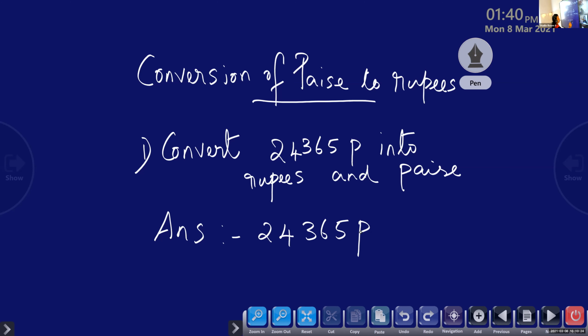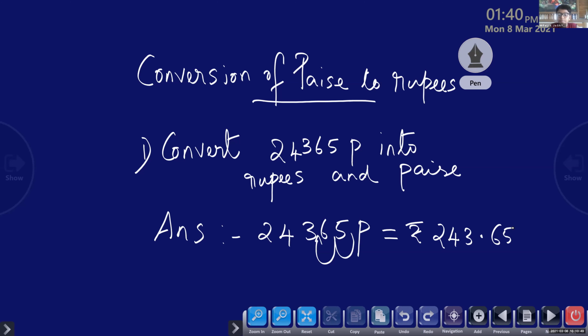24365 paise. To divide, children, what is the easy method we studied? Put a decimal point from the right side, two places to the left. So we will get rupees 243.65.